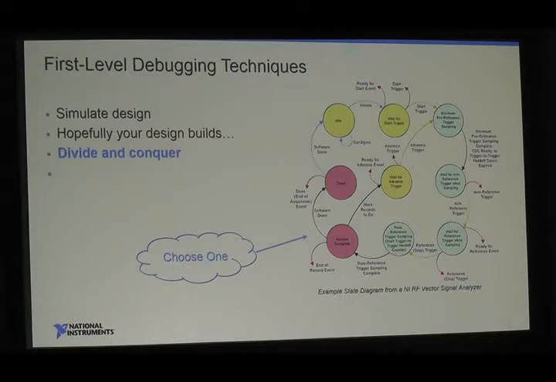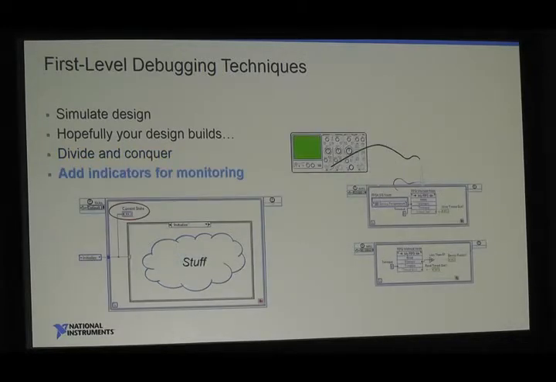Narrow it down, and then maybe it's interesting just to throw down a control or indicator and maybe control the state. So for example, here's your basic state machine with stuff in it. Or, kind of like in a basic hardware design, you probe certain data paths and see what kind of data is flowing through.